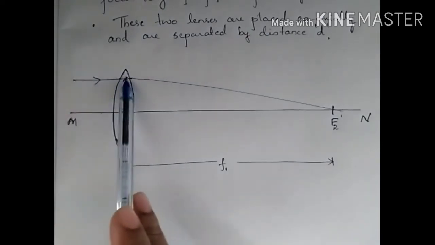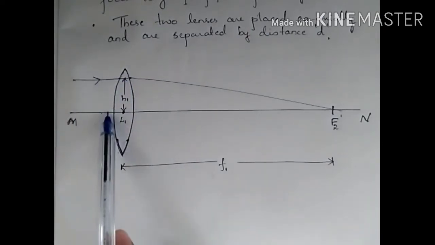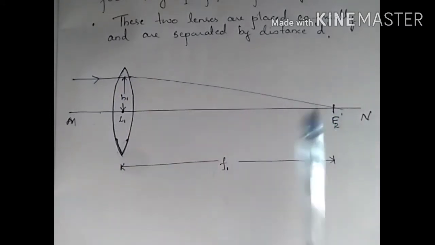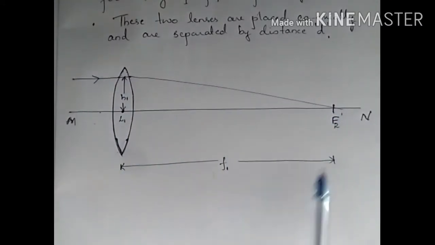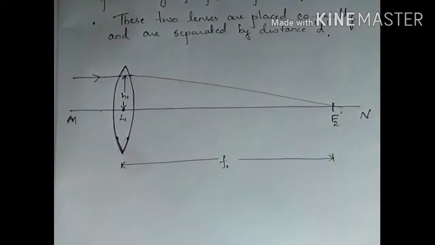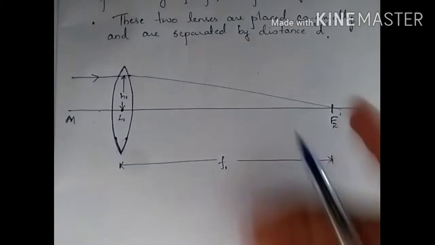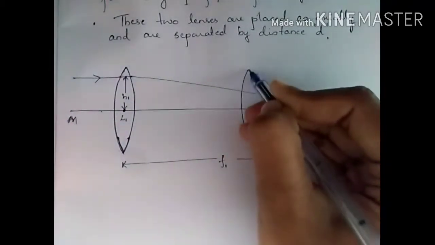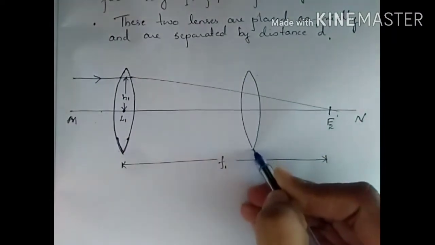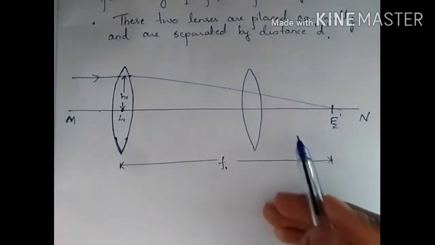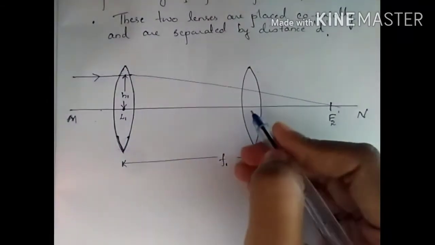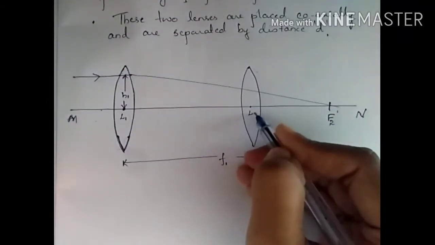There is an incident ray which is parallel to the principal axis, and after refraction this ray falls at F2, and the distance from here to here is the focal distance, denoted by F1. Now let us keep another lens, that is L2, which is kept coaxially to L1. So this lens is the L2 lens.